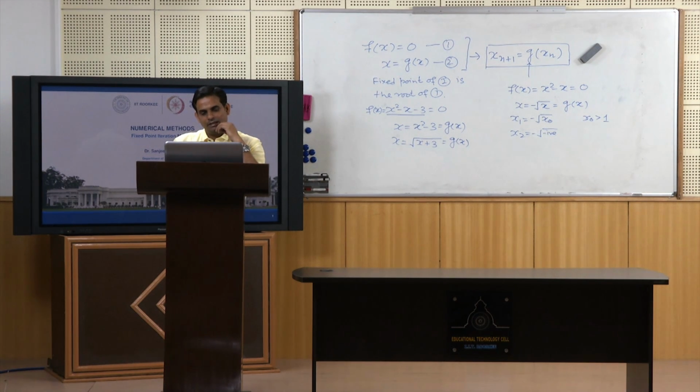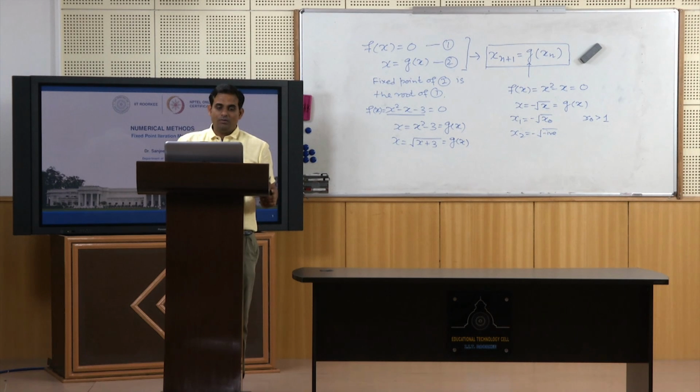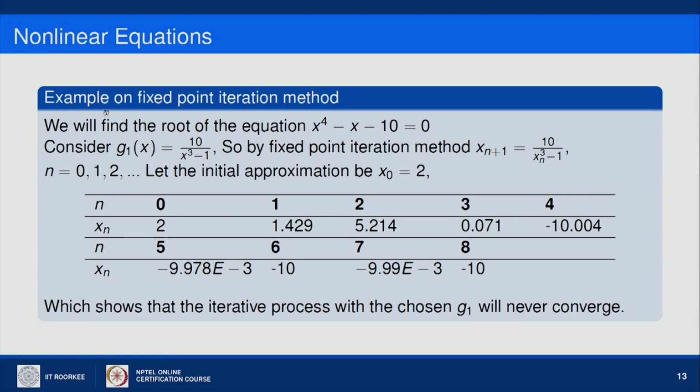Suppose we have the equation f of x equals 0. First, we write the given equation in the form g of x equals x. Then we start with an initial approximation, say x naught, and find successive approximations x n in different iterations.